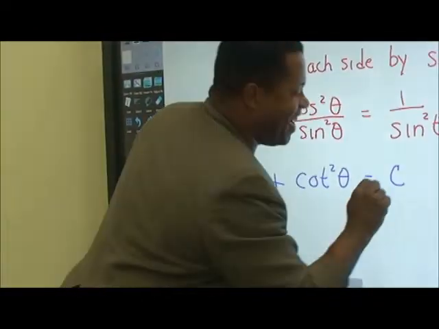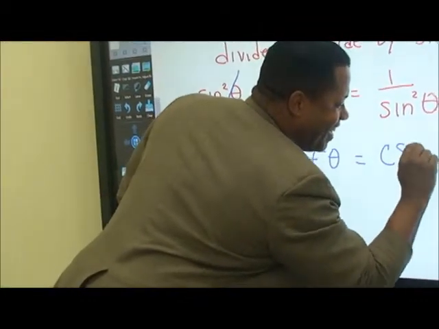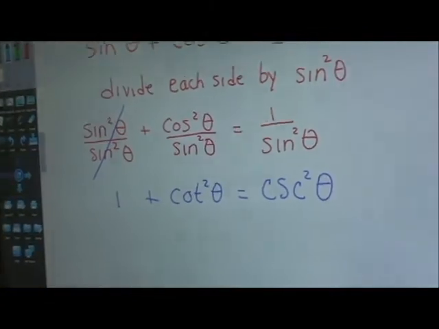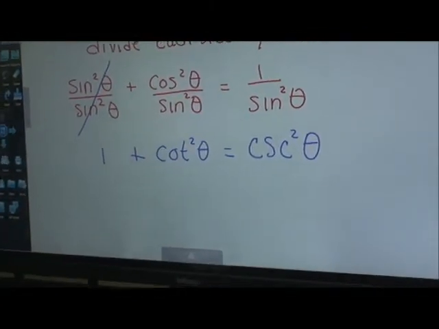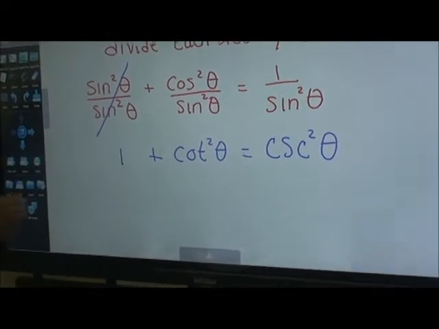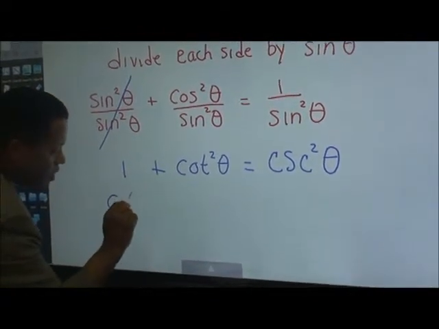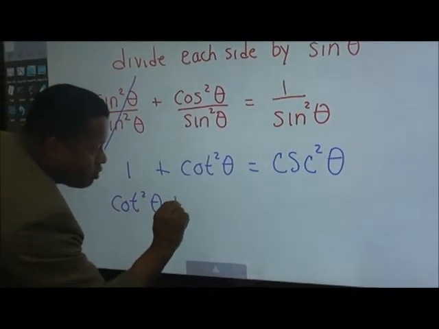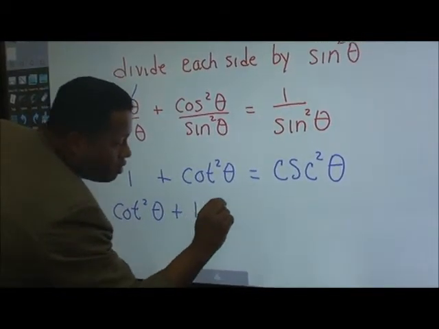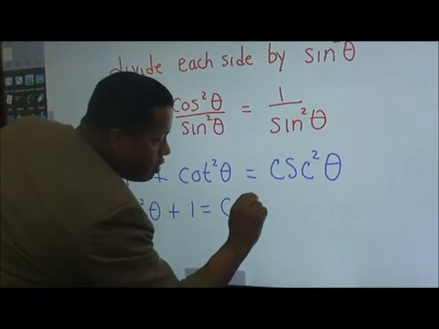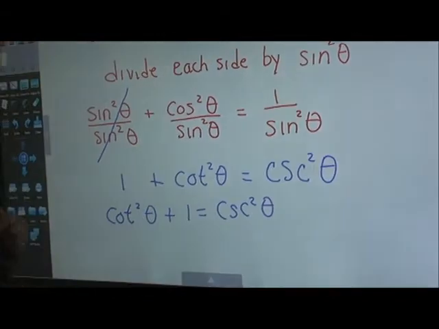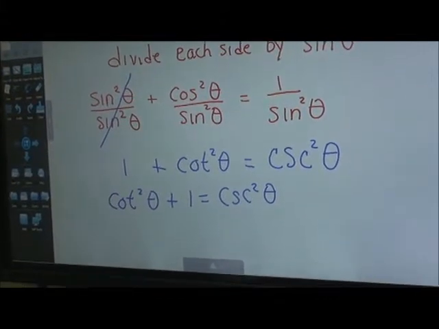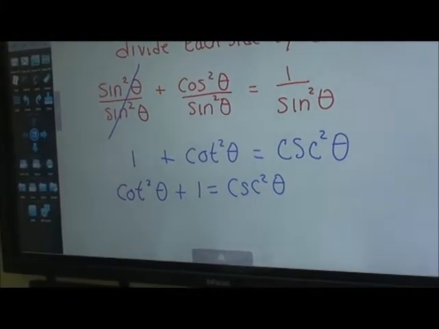Okay, let's write that down. Very good. So if you understand, we could rewrite this as cotangent squared theta plus 1 is equal to cosecant squared theta, which is another one of the Pythagorean Theorem identities.